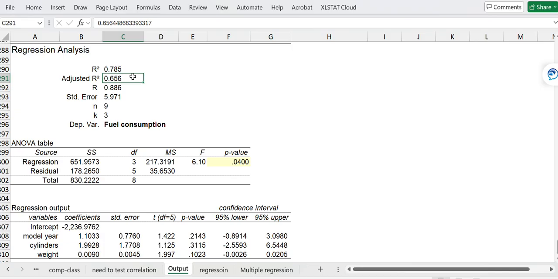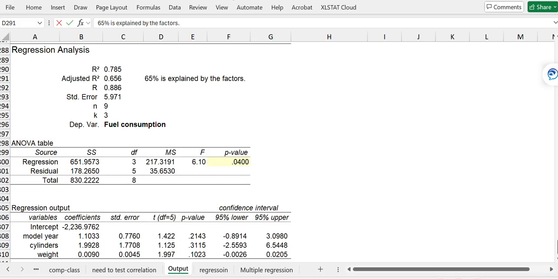So the adjusted value is 0.65. So what does it mean? 65% of the change in fuel is explained by the three factors. The remaining 35% is because of other factors.